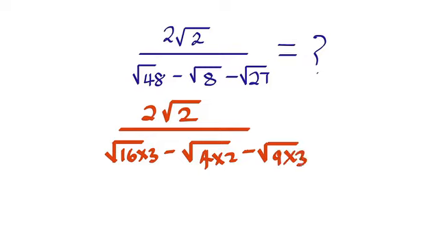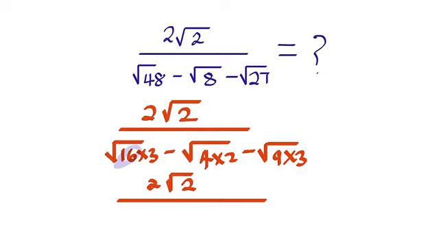So now from there we're going to have 2 root 2 divided by, now here we take the square root of 16, that will give us 4.